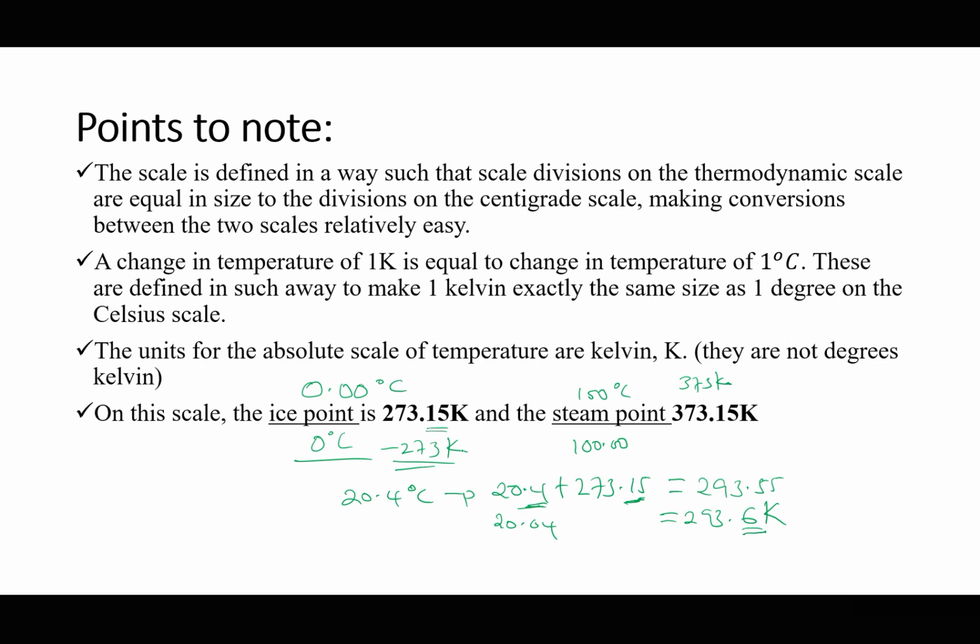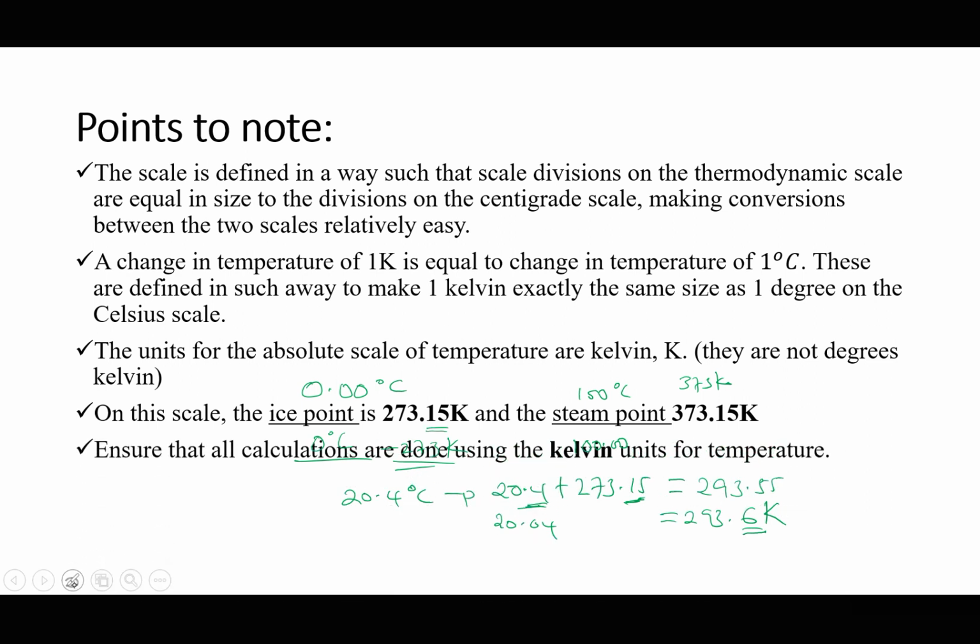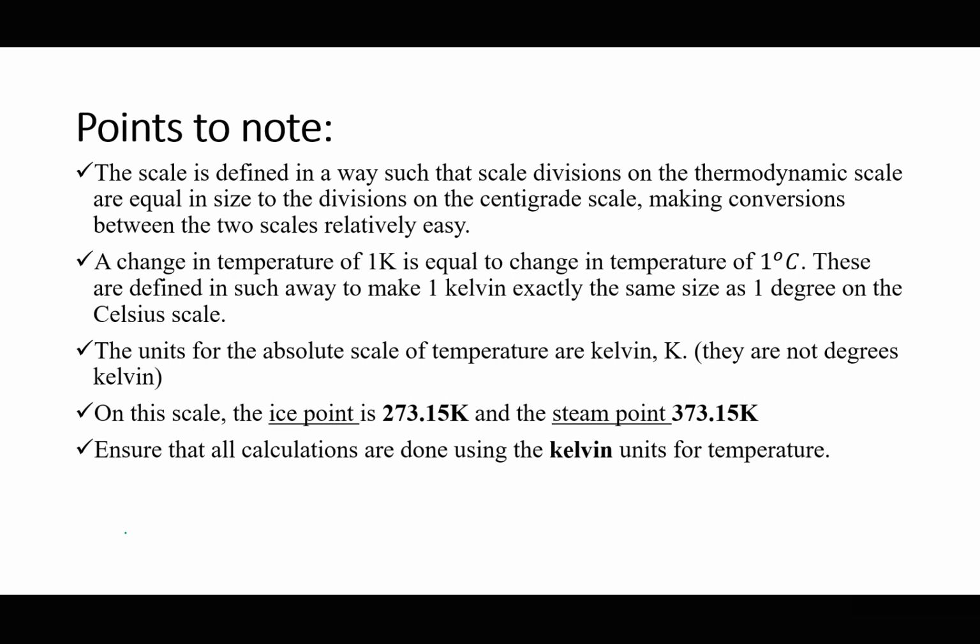I hope I've made myself clear on that. So lastly, always ensure that all calculations are done in Kelvin units rather than degrees Celsius. All the calculations we shall interact with will always be in Kelvin units rather than in degrees Celsius.